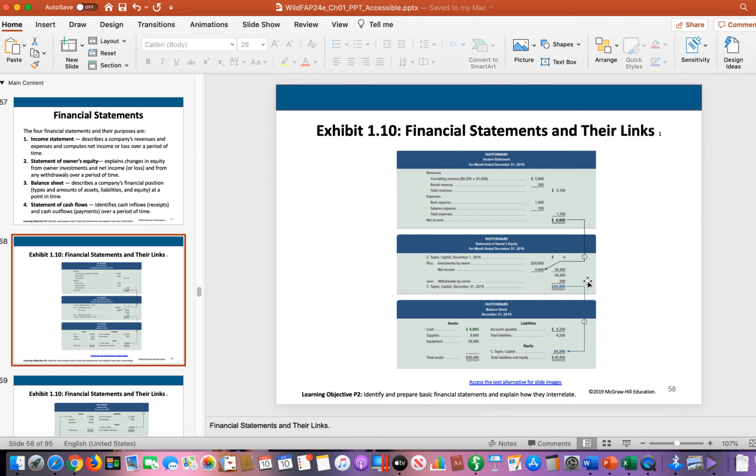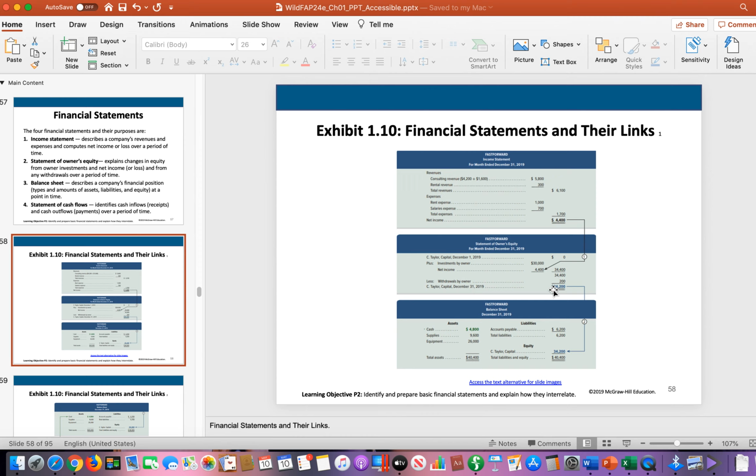So now the new equity at 1 month later is $34,200. Now notice, if you go back to previous slides, remember it said that you have equity minus withdrawals. The capital investment, $30,000 minus withdrawals plus revenue minus expenses. Well, plus revenue minus expenses is the $4,400.